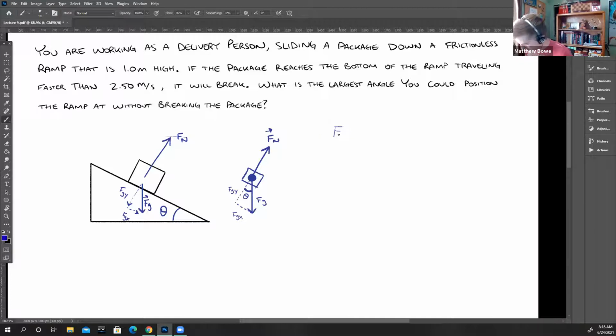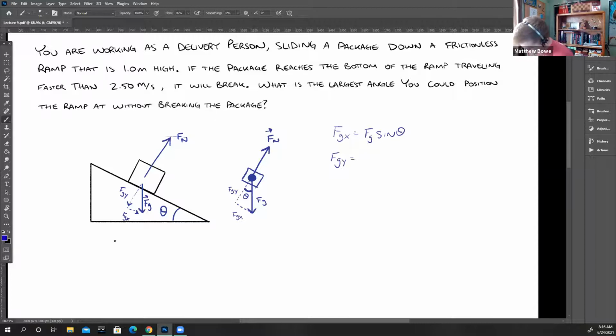So in this specific instance, in the horizontal, parallel to the sliding surface, it is force of gravity, but this one is opposite. So that's sine theta.